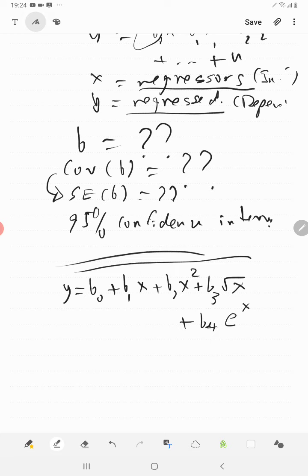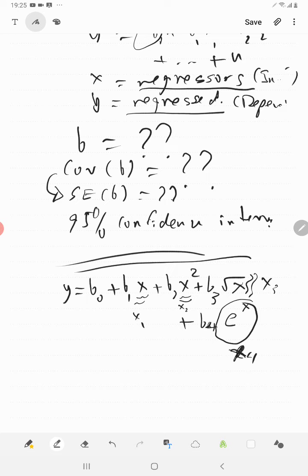Now, what we have done here is x1, and x squared is x2, and root x is x3, and this one here, e to the power x, is x4. Okay. So b0 to b4, these b's we have calculated here.